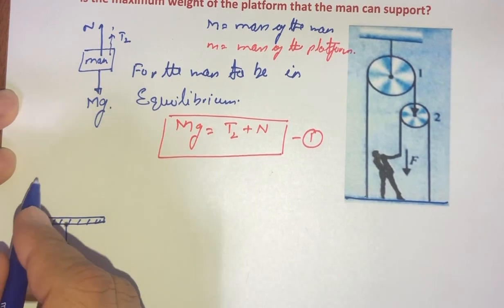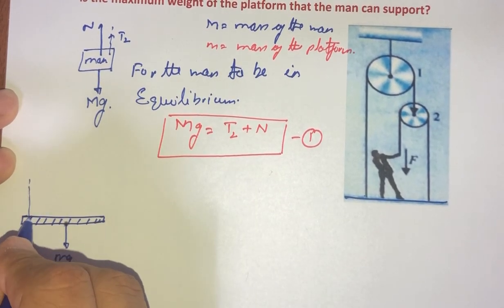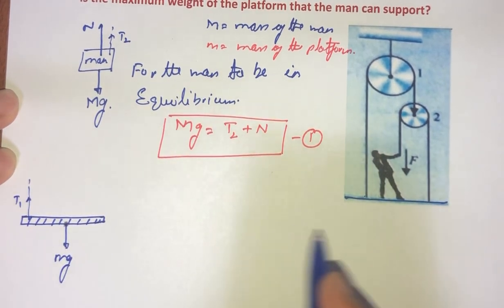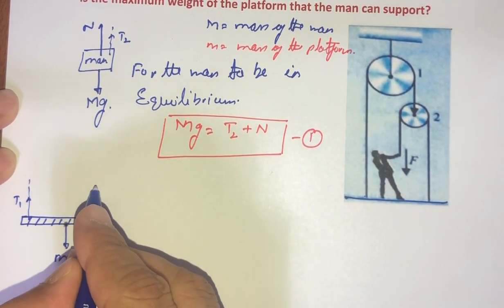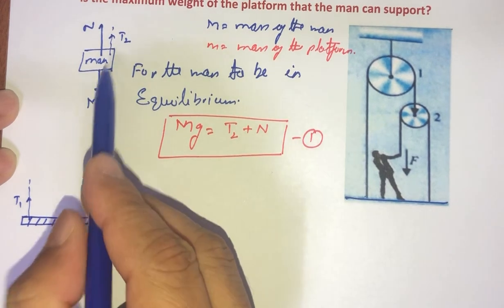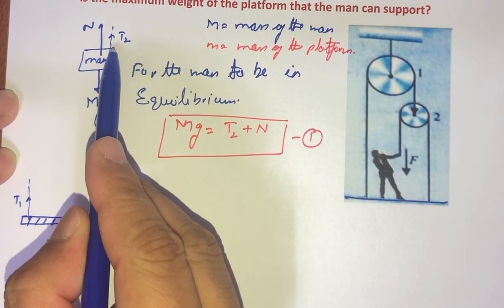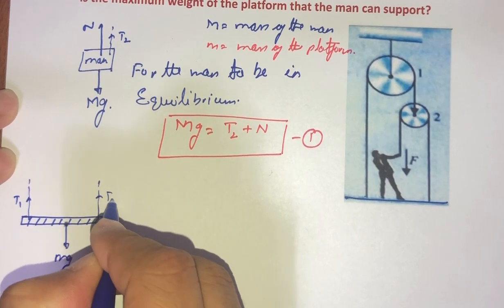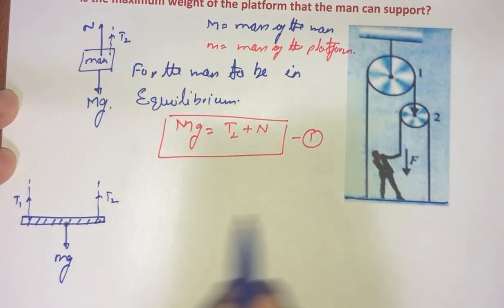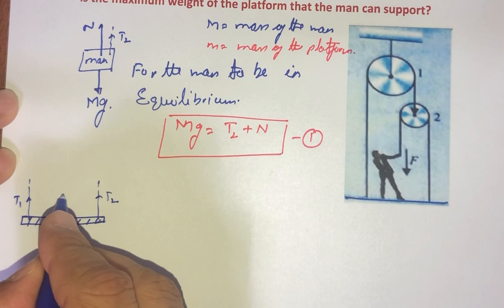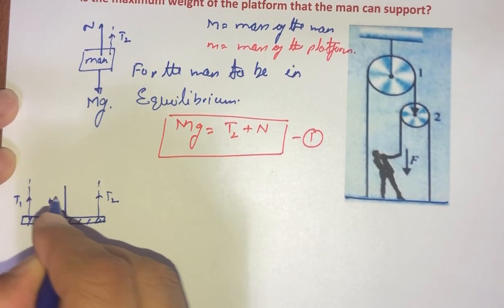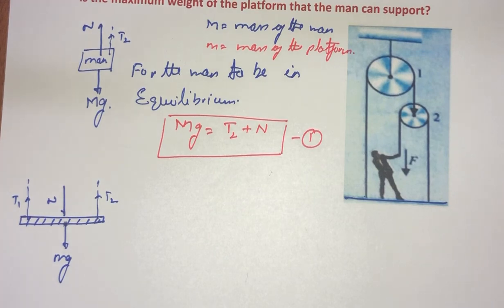So let the first rope have T1, and the second rope, which is the same rope pulled by the man, is also going to have T2, and there will be a normal in the downward direction, so this will be N.